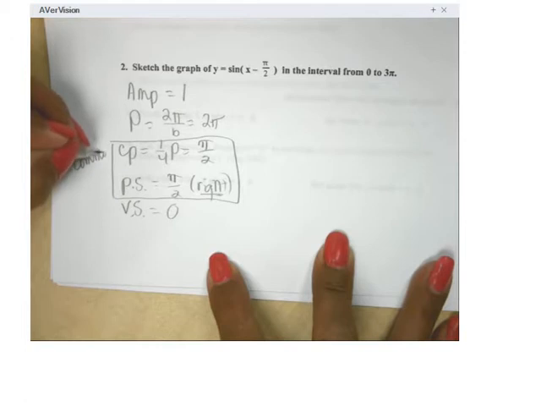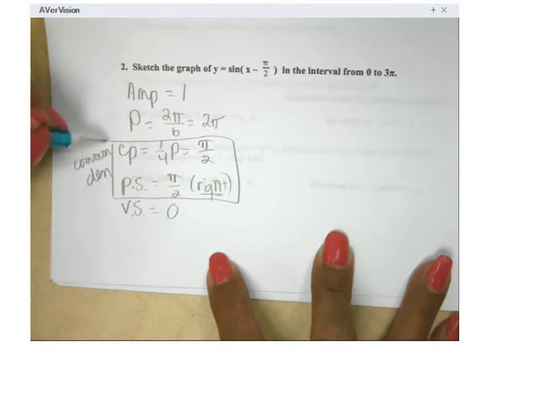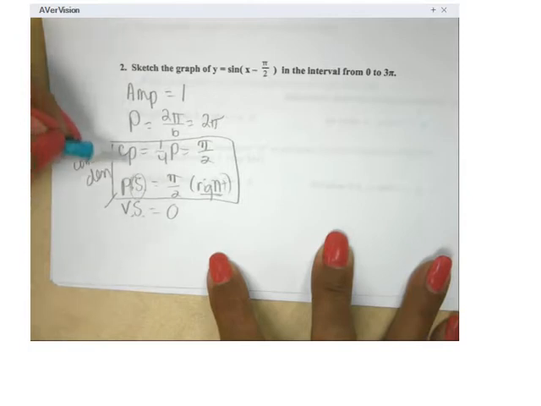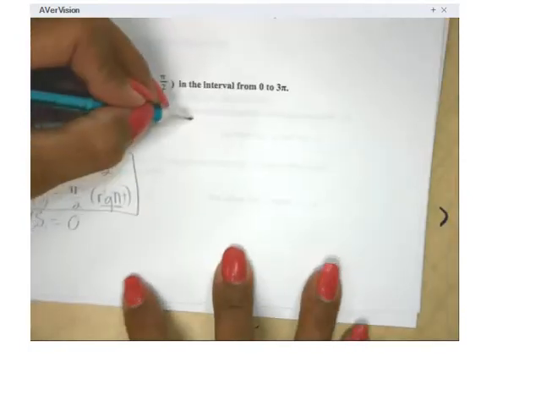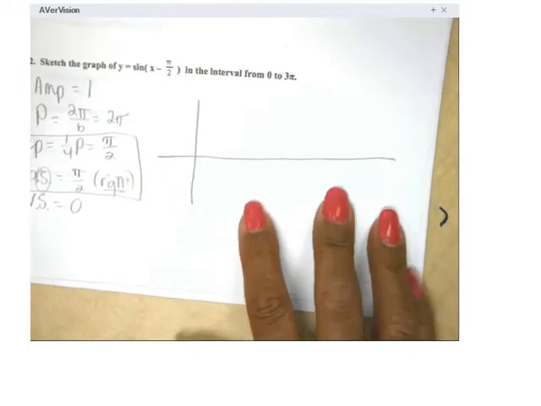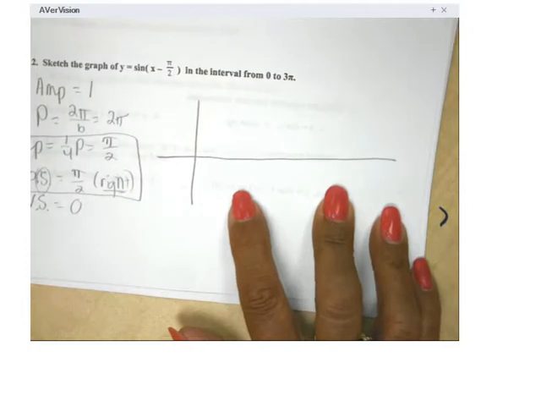If you don't have that, you're going to have to make that happen, because this is going to be where you're going to start. So think of that as where you're going to start, and this is how you're going to cruise along. So get our graph scaled, and since we know we have critical points every pi over 2 and a phase shift of pi over 2, I'm going to scale my graph by pi over 2.